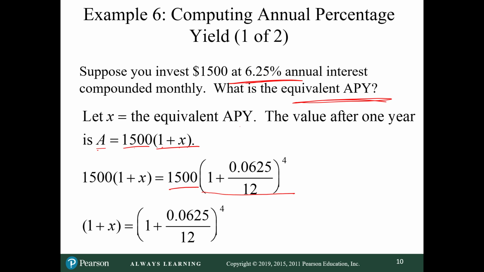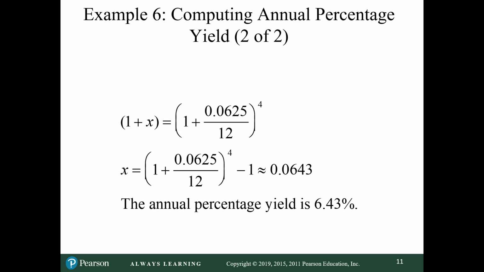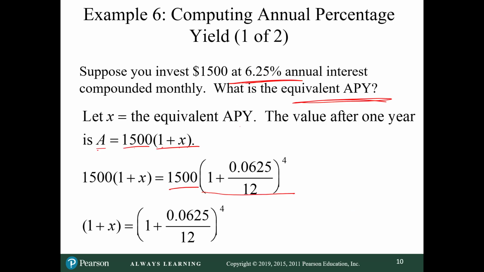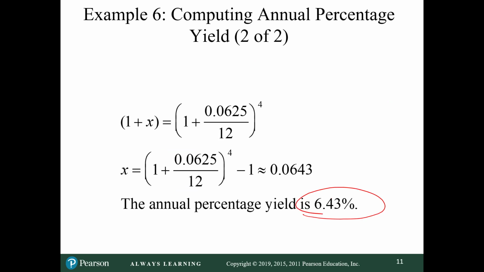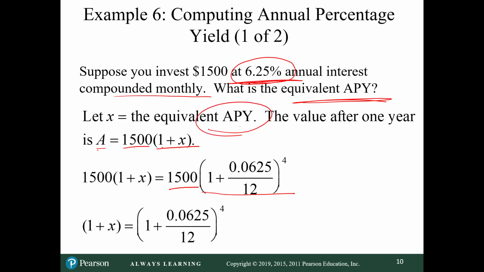So we have to solve this. If we continue solving it, we get 0.0643 for x, which is 6.43%. So if you are getting 6.25% because you're compounding it monthly, if you were compounding it yearly, it would be 6.43%. The reason they use APY is so you can compare compounded monthly versus compounded quarterly versus compounded whatever, so there's some number to compare against.